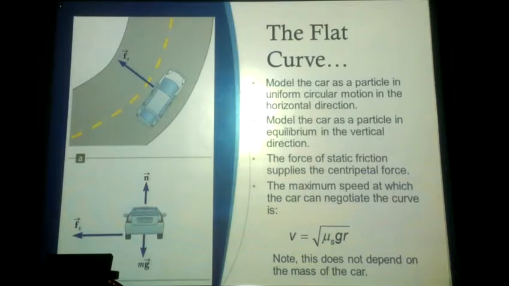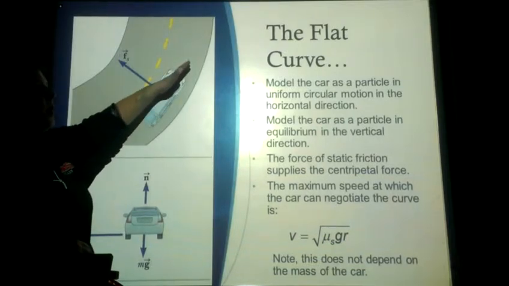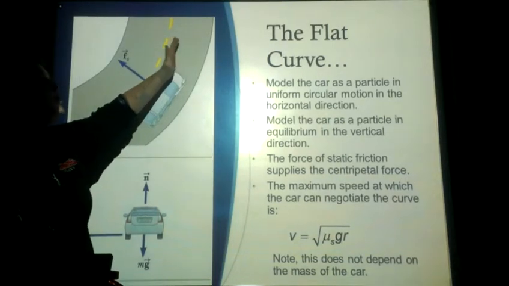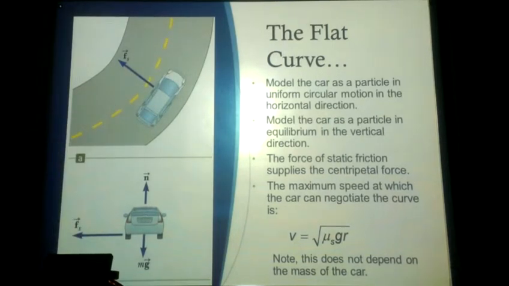But a flat curve is where I have an object, specifically it'll probably be a car. The car is trying to maneuver around a curve, and what keeps the car in that circular motion is going to be friction, okay? If you'll notice, this is labeled as F sub S, meaning it's static friction.